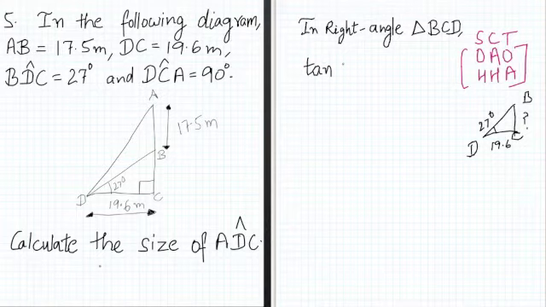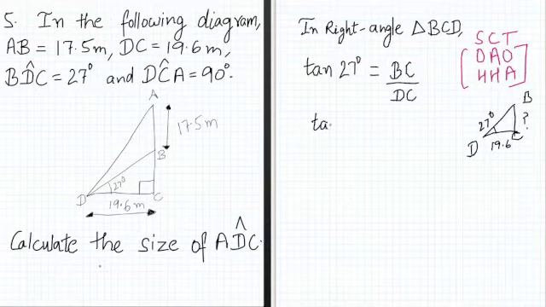So tan 27 degree is equal to BC over DC. If we put the values in, tan 27 degree is equal to BC, which we need to calculate, over DC, which we have, 19.6.